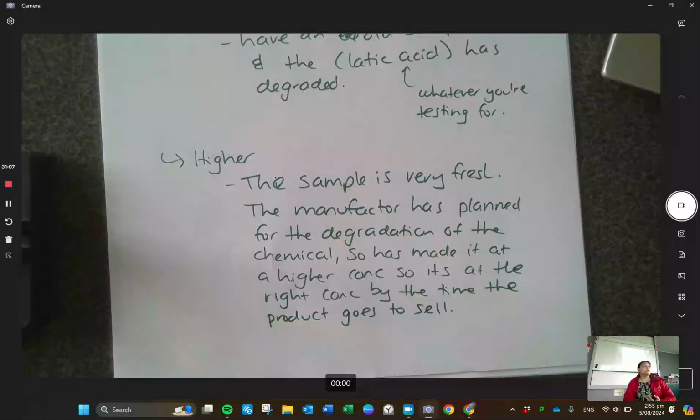So we've unfortunately got that wrong because our sample's too fresh. So there's reasons why the number could be off.